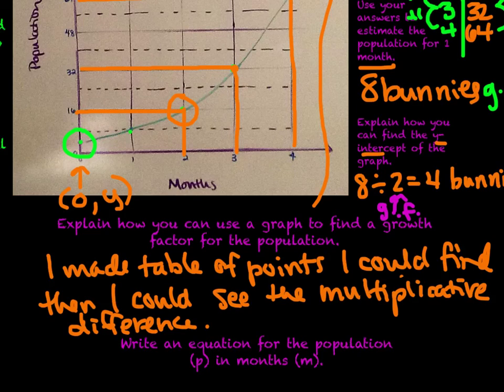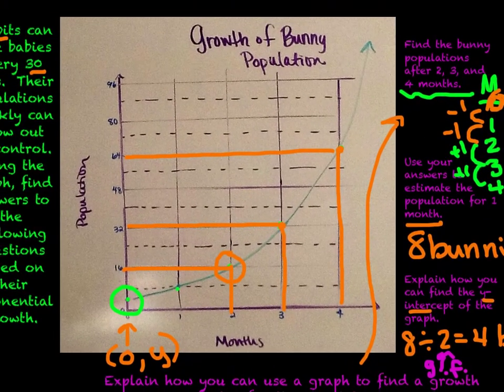So essentially, I'm able to see, and if I were to just simply look at my y-axis, let's look at this y-axis, I could see this jump from 16 up to 32, and then up to 64. And I could even predict further. What do I believe is going to happen in the following month? If our pattern was times 2 to get from 16 to 32, and then from 32 to 64, I had to multiply by 2 again.